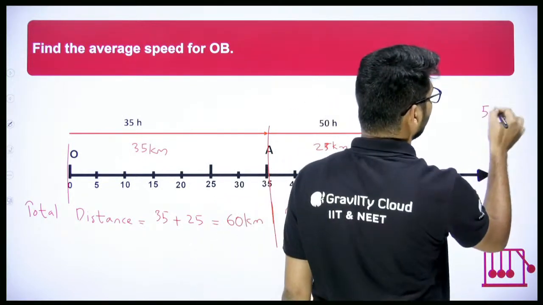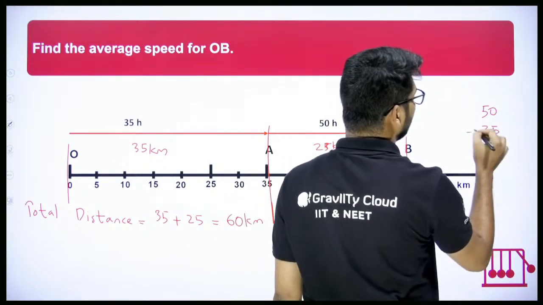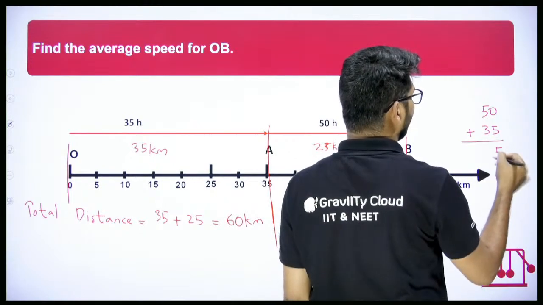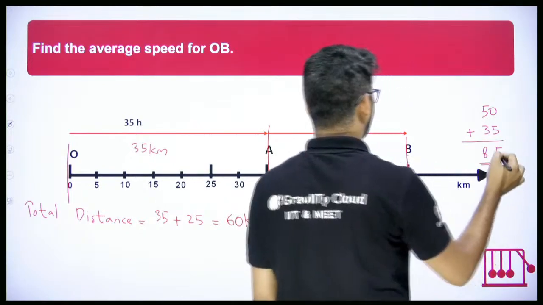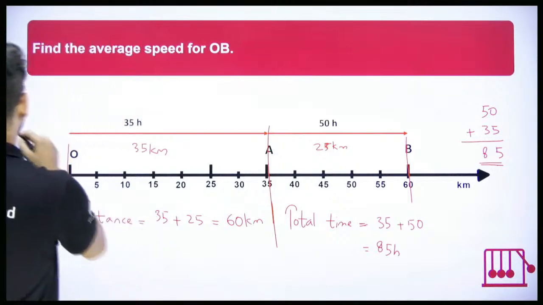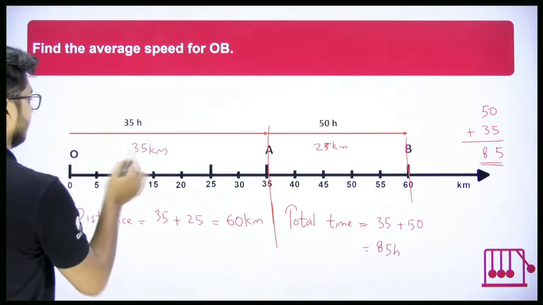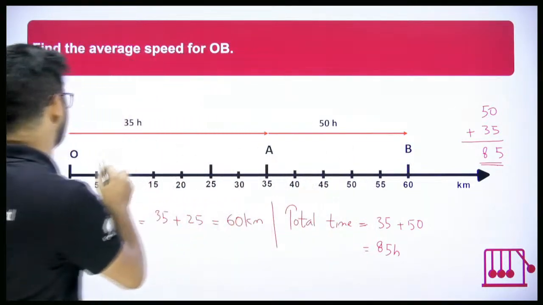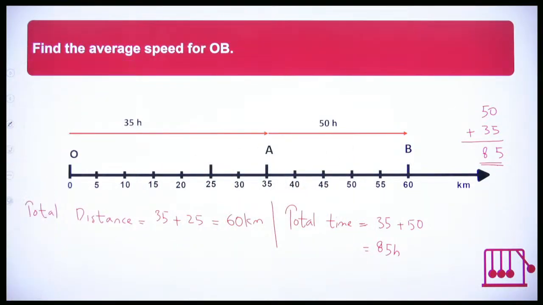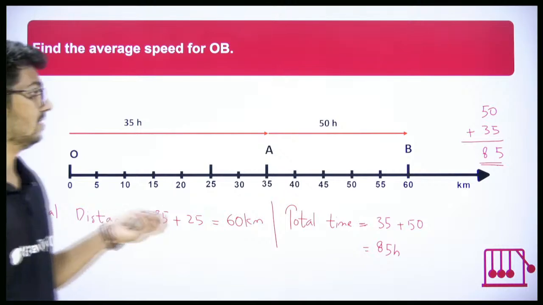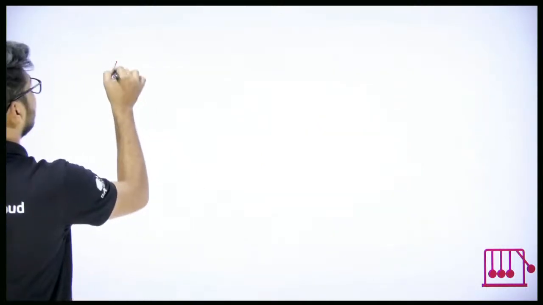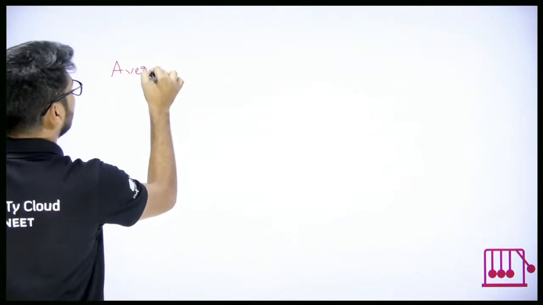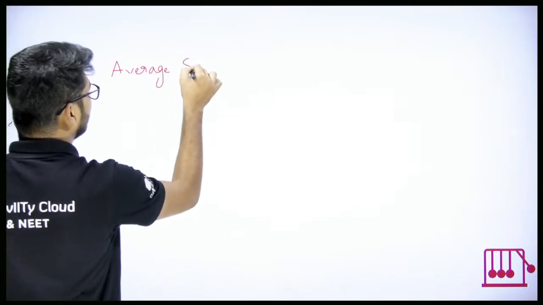Look at this: 0 plus 5 is 5, 5 plus 3 is 8, so 85. Clear? So we got total distance, we got total time, we got both of them. Then if I need average speed, what will you do? You divide both of them.